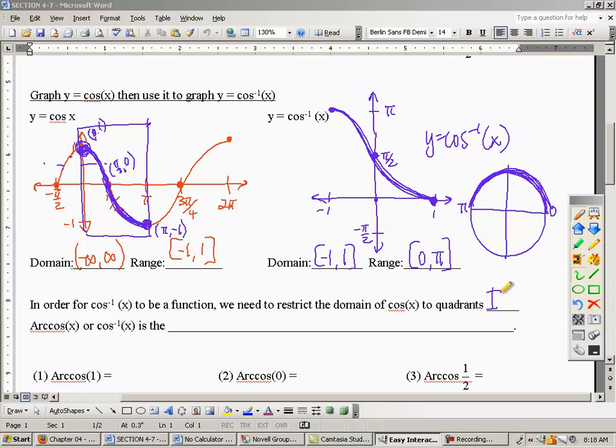I'm going to get answers in quadrants 1 and 2. And again, the goal of this is to be able to find the angle at which the inverse cosine gives us an exact value. So we're trying to find the angle which gives us that exact value.